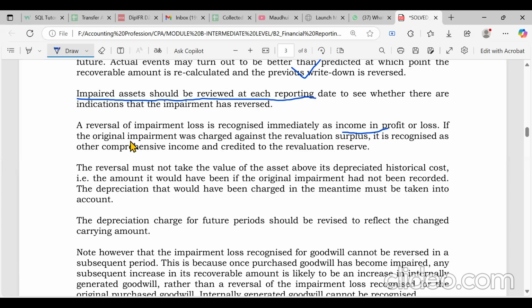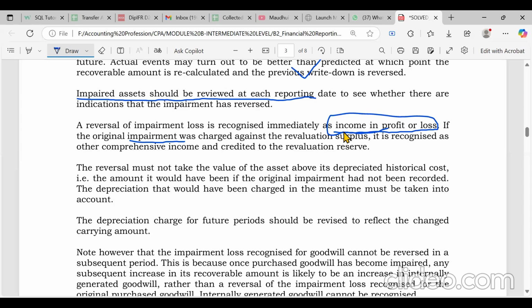If the original impairment was charged against the revaluation surplus, we are told it is recognized as other comprehensive income. So this is what we do now. If the impairment went to other comprehensive income, then even this reversal, which is an income, instead of going to profit or loss, would also go to other comprehensive income, credited to the revaluation reserve.